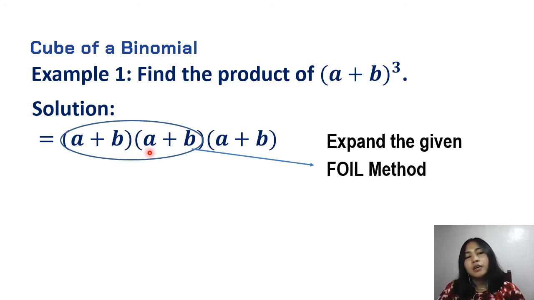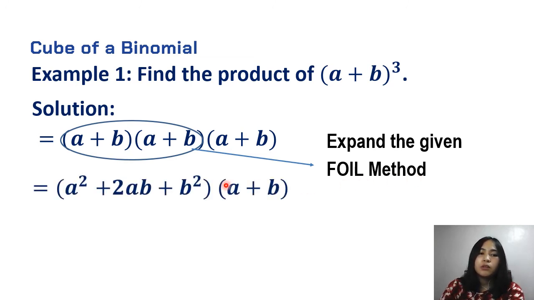So, after expanding, i-solve nato ning first binomial and second binomial through FOIL method. So, balik na po si FOIL method. Useful si FOIL method if mag-solve ta og product of binomials. So, now, we have to use the FOIL method na naging a squared plus 2ab plus b squared.